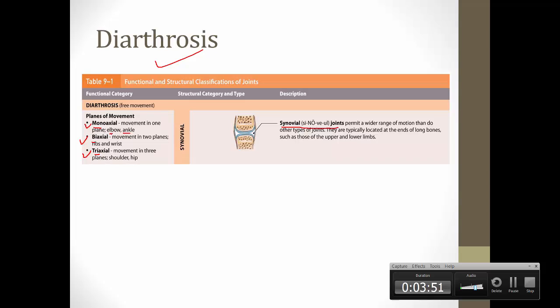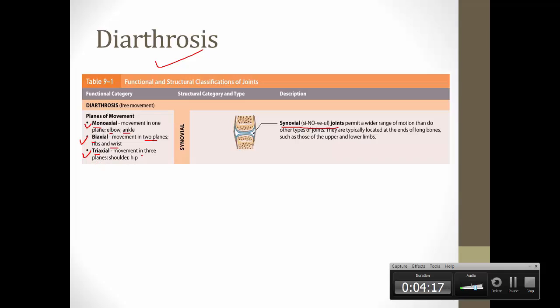The elbow joint can do only flexion and extension, which is only one movement in one plane, the sagittal plane. Biaxial joints allow you to move in two planes. An example of that is the wrist joint. The wrist joint allows flexion, extension, as well as abduction and adduction. So these are two different planes.